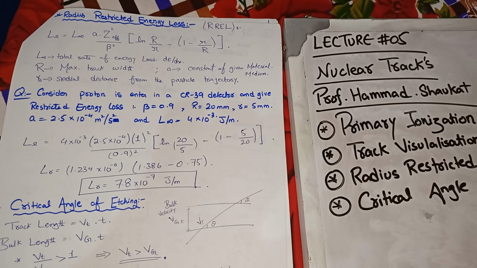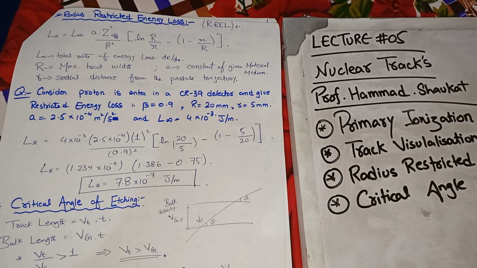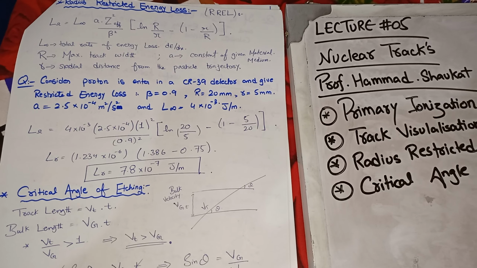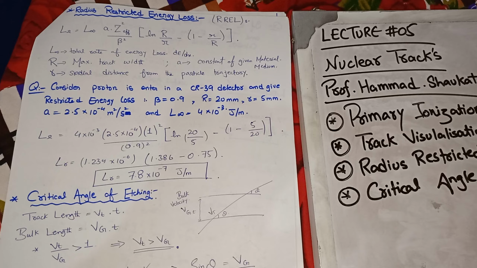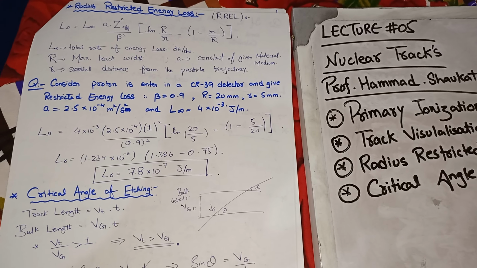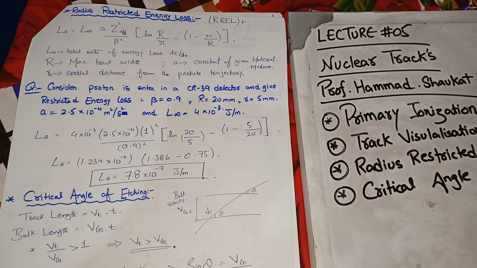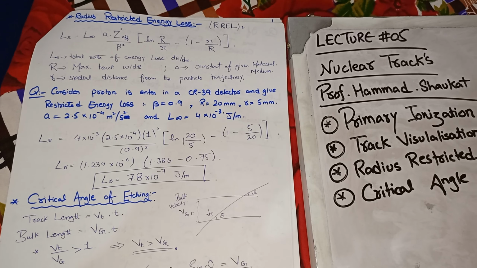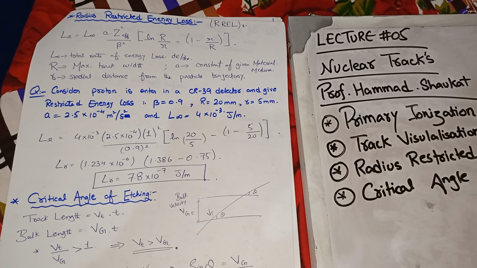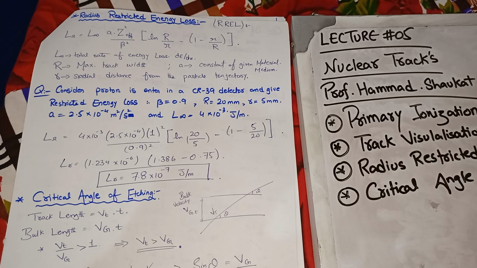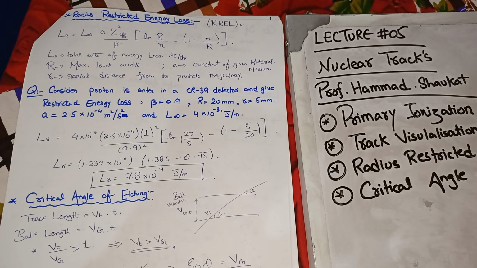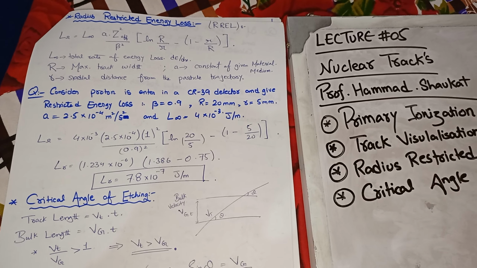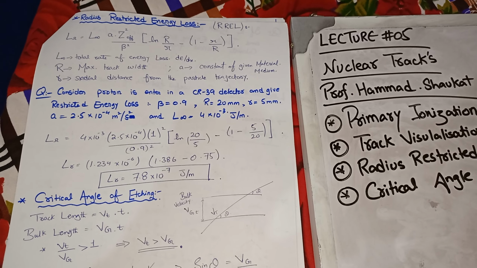The radial distance small r from the particle trajectory is also given as 8 millimeter, while the constant a equals 2.5 times 10 raised to power minus 4 meter per second square. Also L infinity, the total rate of energy loss, is given as 4 times 10 raised to power minus 3 joule per meter. You have to calculate the restricted energy loss, LR.